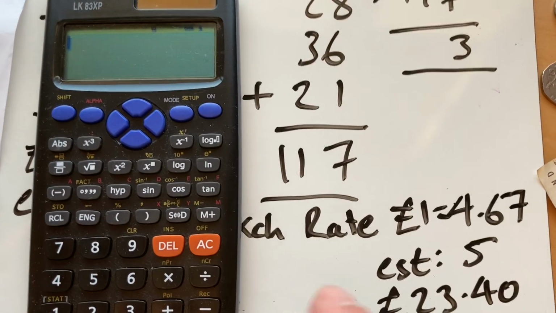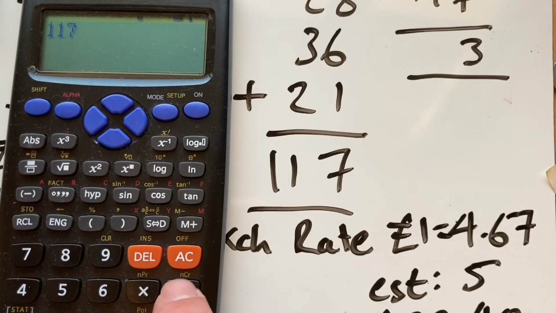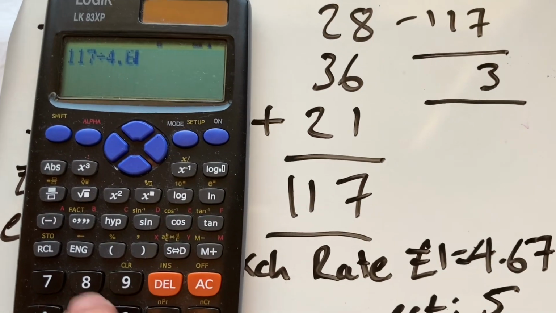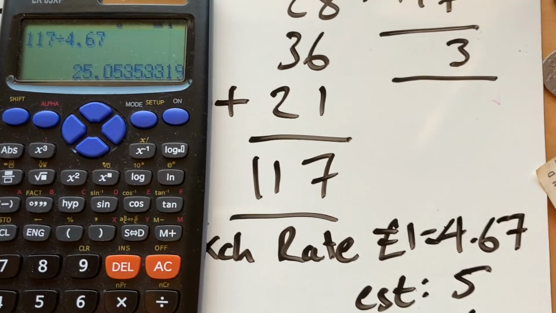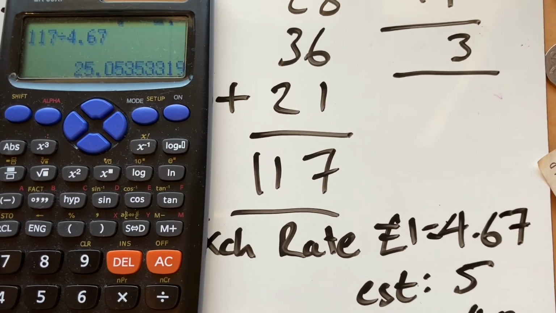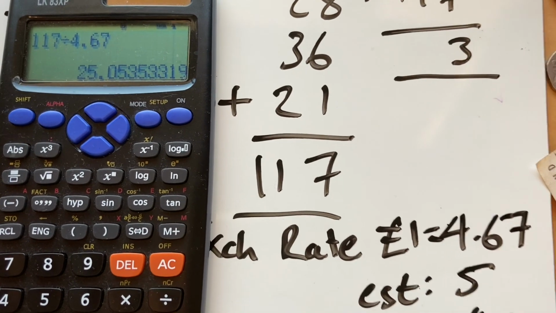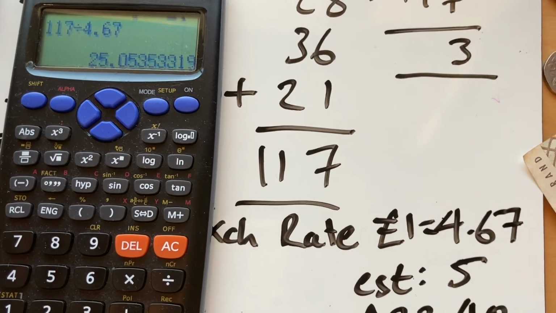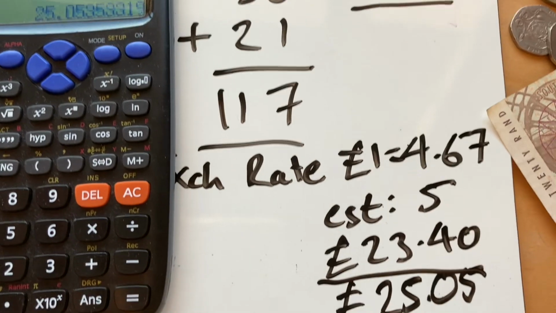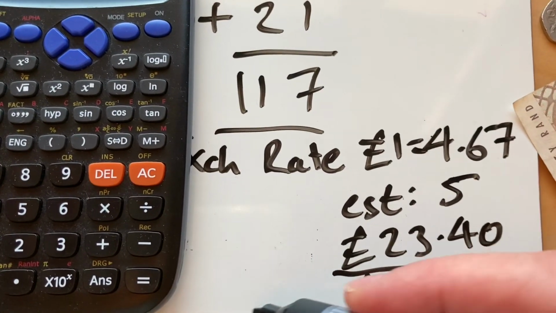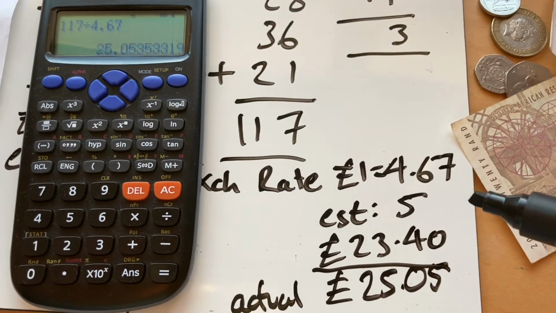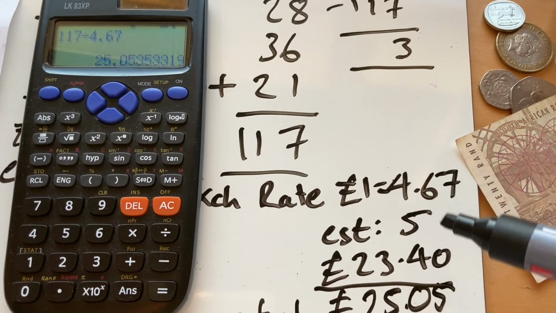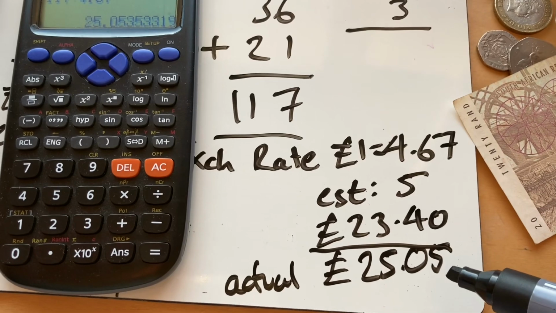But if we want to know the actual, 117 divided by 4.67, it cost me £25.05. So that was estimated there, and that's the actual. So this is the actual amount there. Okay, because the pound doesn't actually get me as many dirhams as I estimated. So the actual cost is more.